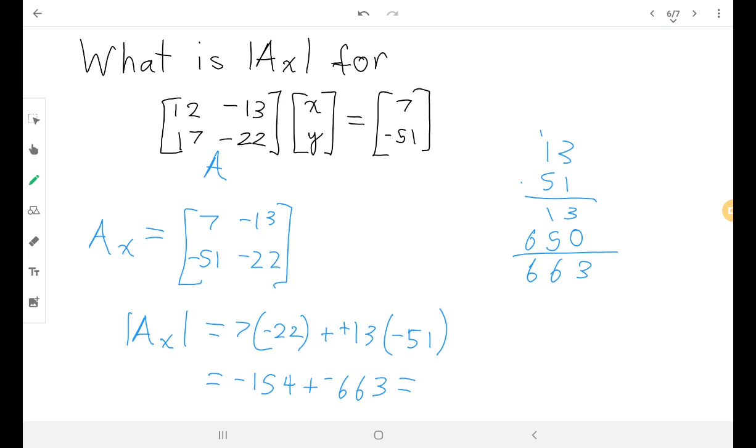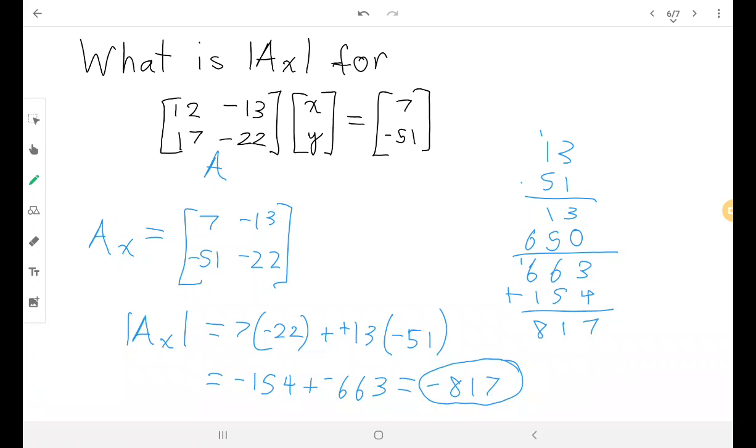So then add 663 and 154 gives us 7 and 11, carry the 1. 7, 8, 817, and it's negative. So negative 817. That would be an ugly one to try and do the whole thing with, but this isn't going to ask you to do the whole thing in these problems. It's just going to ask you to find one specific determinant. Okay?